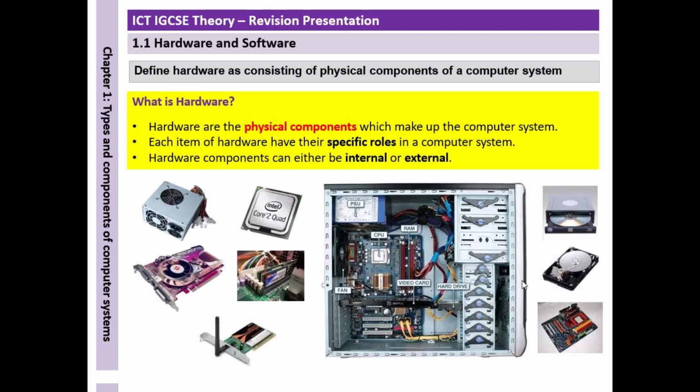Next to it, we have got the hard drive. This can be either the hard disk drive or the modern one, which is called the SSD. An SSD is better than the hard drive in terms of making the computer fast. It does not have spinning parts, so it cannot crash easily.